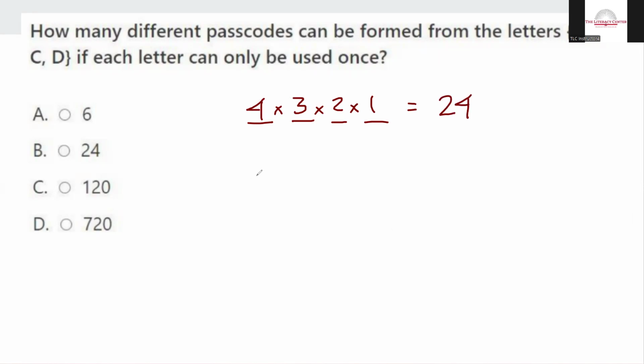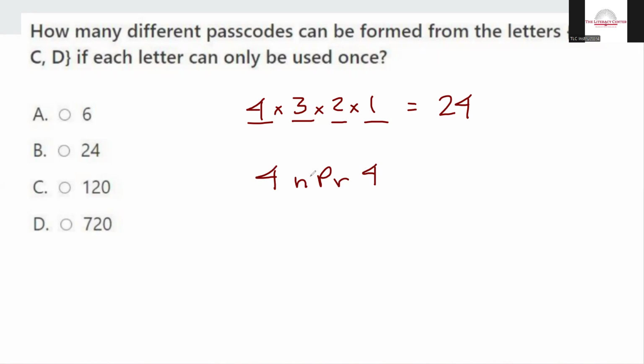And we could do this with our PRB key. We are selecting from 4 letters. This is a permutation. The order of these letters matters in a passcode. And we are going to select all 4. We didn't do that very often, if at all, where we were selecting all of the possible ones.